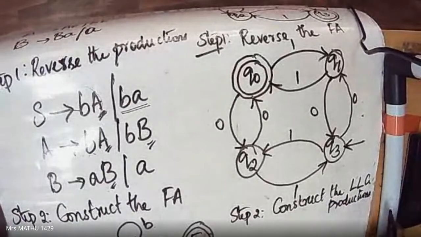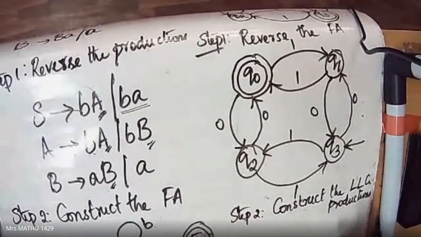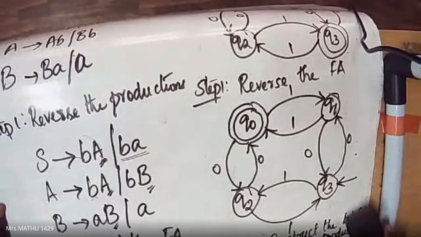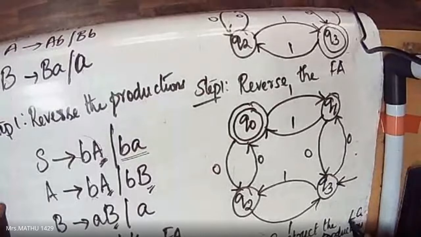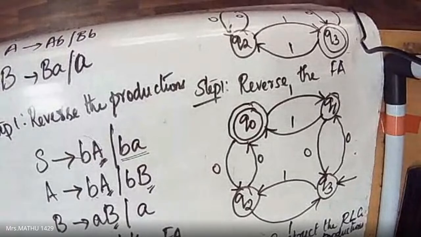We want to construct the left linear grammar productions. So how will you do that? Sorry, we have to construct here. From the given finite automata, we are going to construct the right linear grammar.